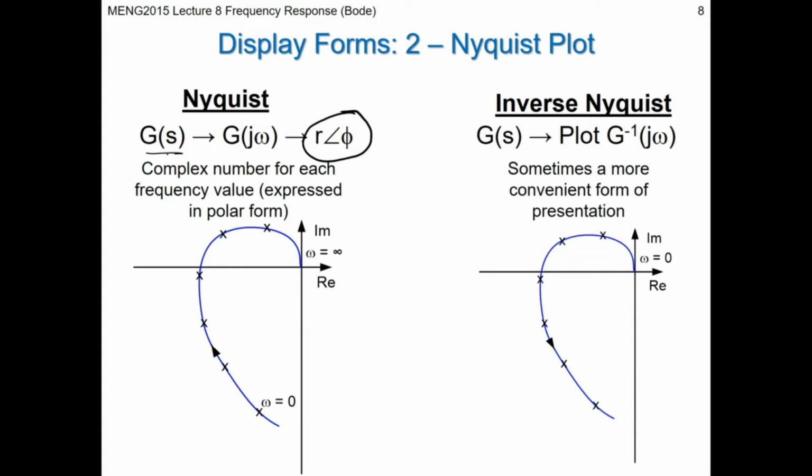Remember, G(s) is a complex number, and G(jω) is a complex number as well, but now we've substituted our s for our frequency, and we're going to prove in a bit that we can do that, right? And then we can express our frequency domain complex number in this polar form with a magnitude and an angle or an argument or a phase.